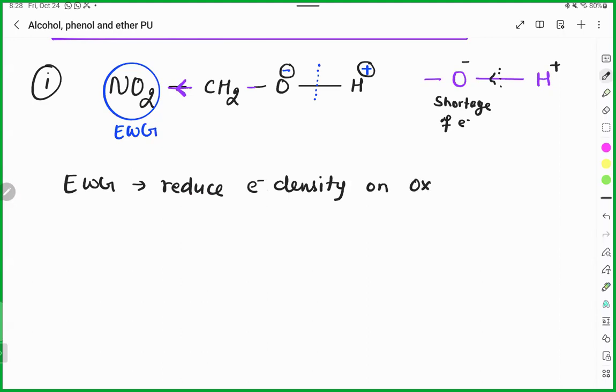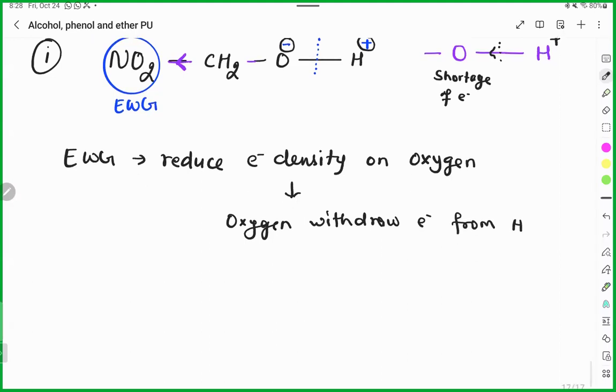And once the electron density on the oxygen is reduced, this oxygen in turn will try to attract electron from the hydrogen, right? Oxygen withdraws electron from hydrogen, correct? Yeah, sir. It means oxygen will carry negative charge, and hydrogen will carry positive charge.